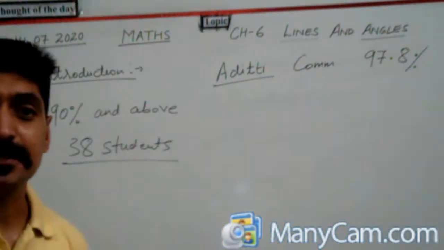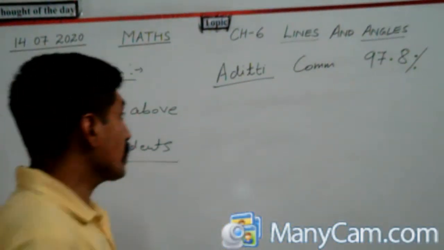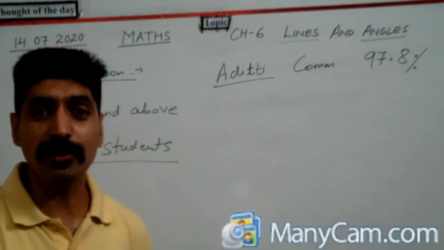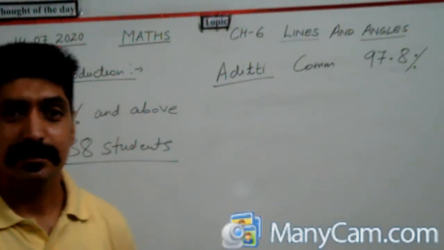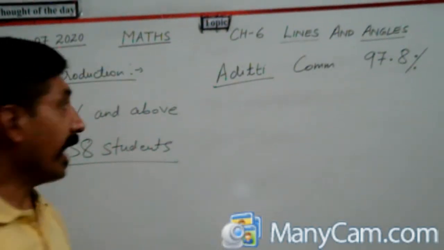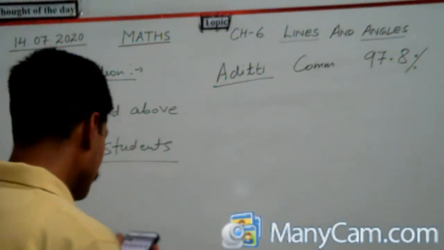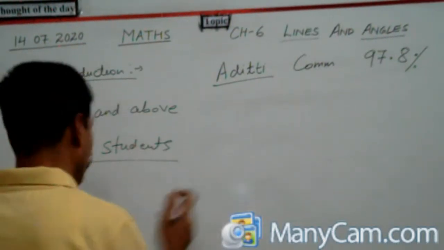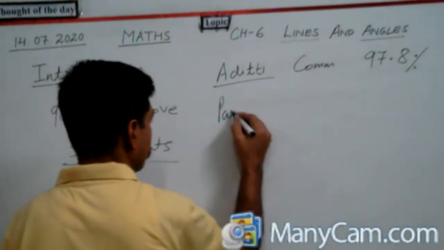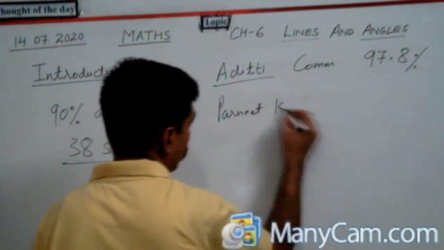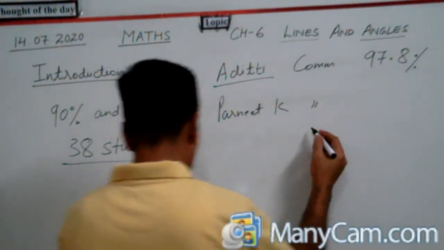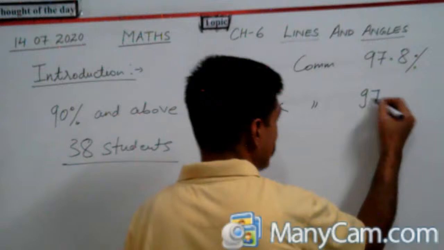In economics, she scored 100 out of 100, right? And then we have the second, Parneet Kaur, again commerce, who scored 97.4%.